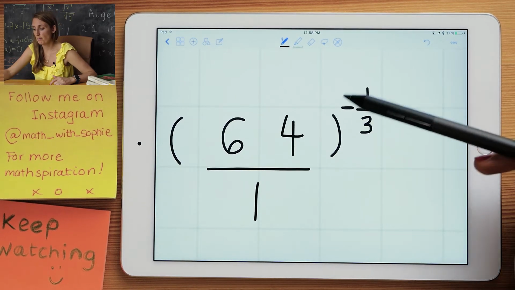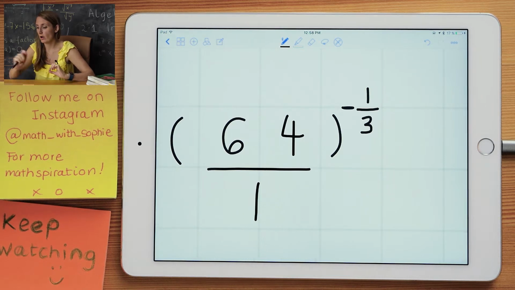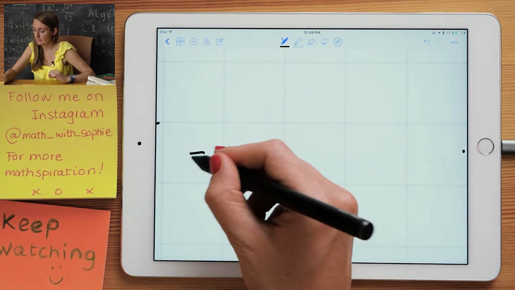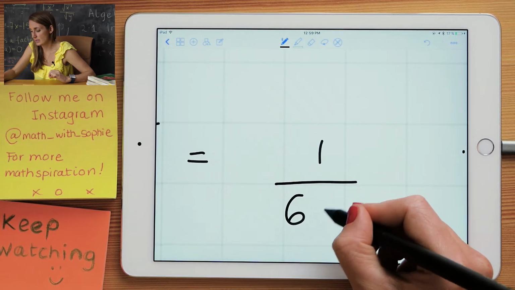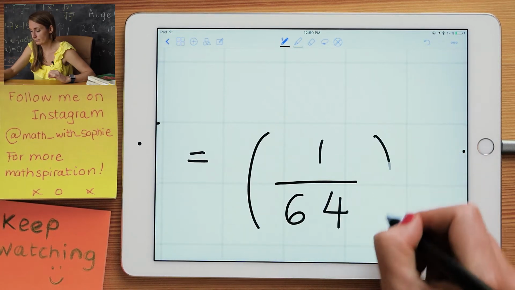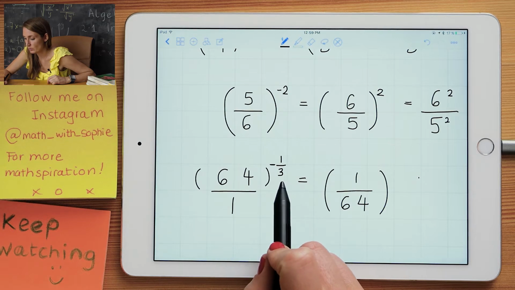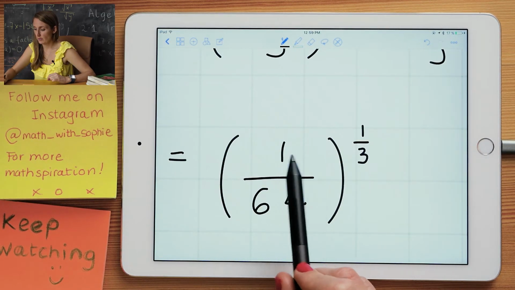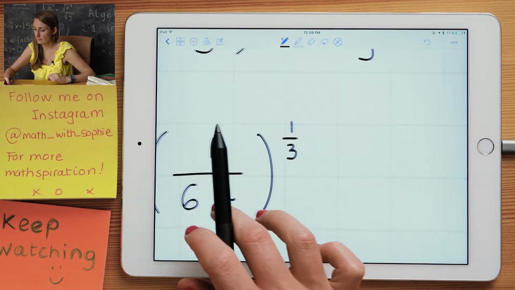So to get rid of the minus, I'm going to flip it upside down. I always deal with the negative before I deal with the fraction. So first things first, that changes into 1 over 64. Now my power has gone from minus 1 over 3 to plus. We now put the third power on both the numerator and the denominator.